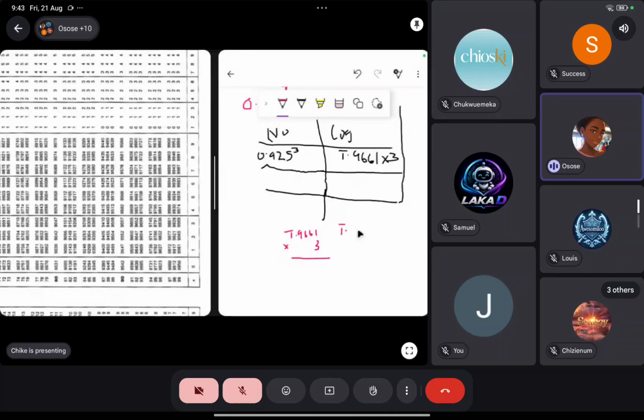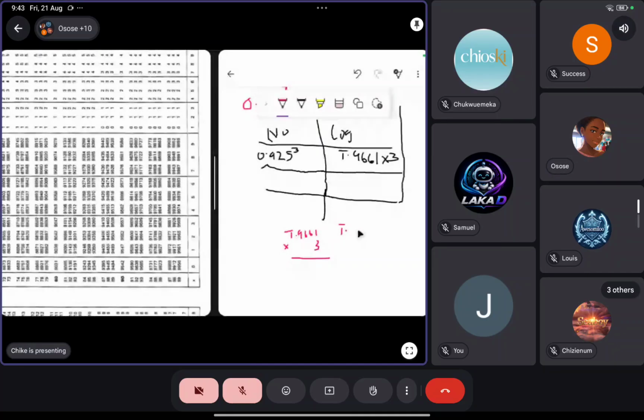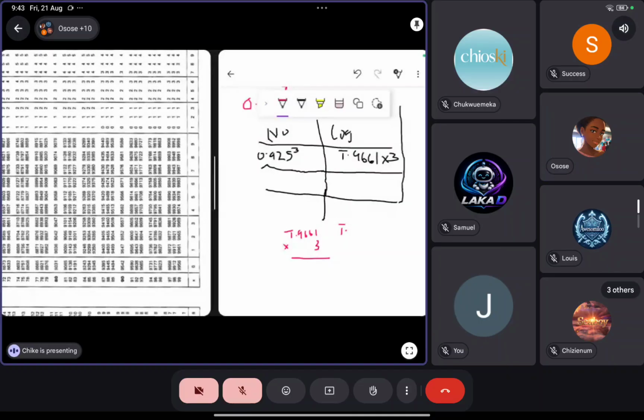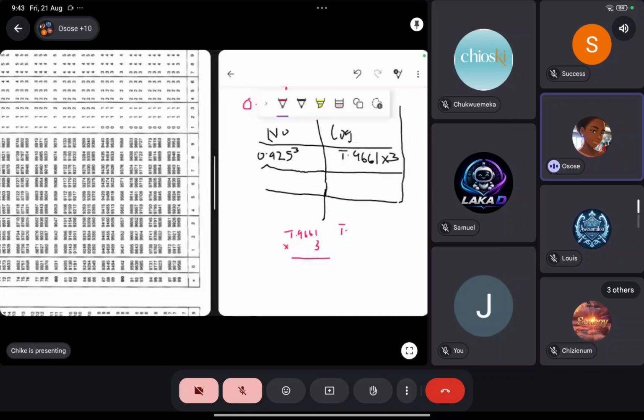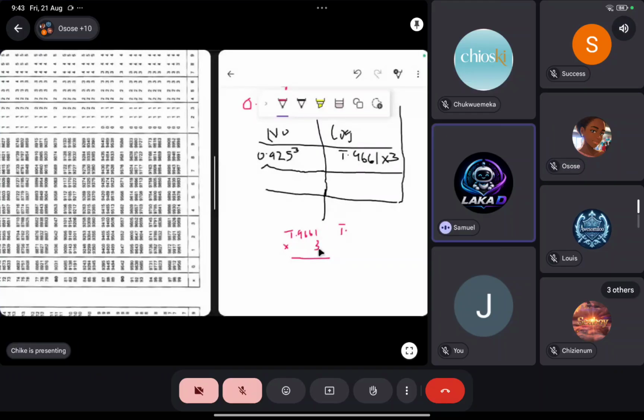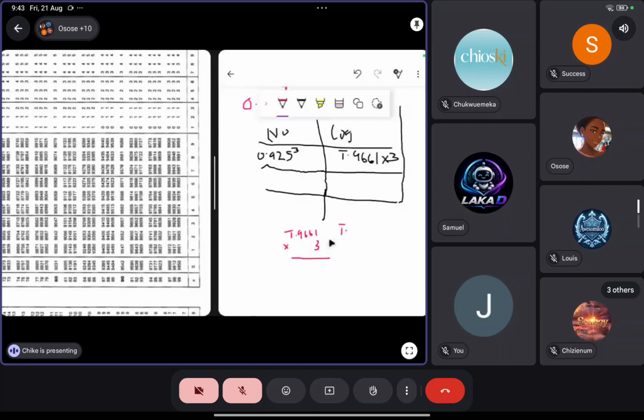But sir, when I separated it, I still multiplied the bar 1 by 3, and I also multiplied the decimal part and added them together, which gave me bar 1.8983. Okay, that's also correct. Only that separating it is cumbersome.